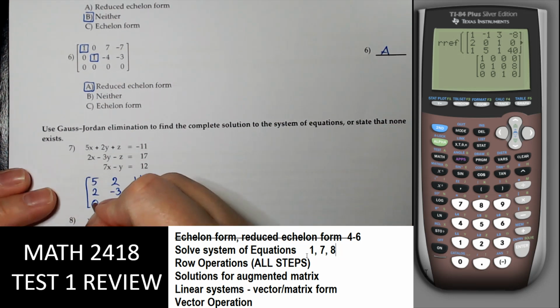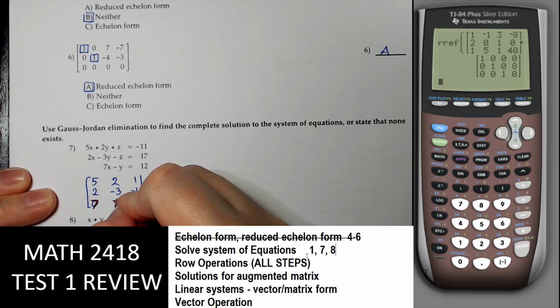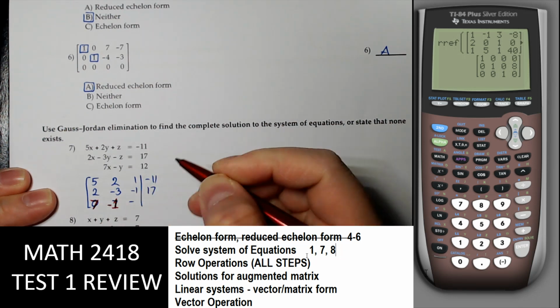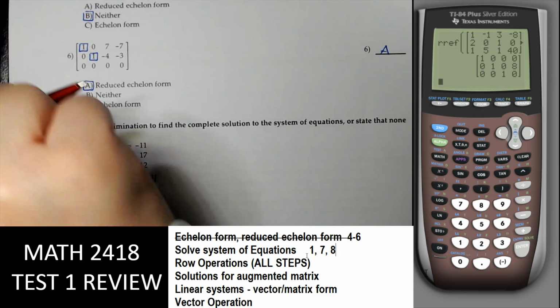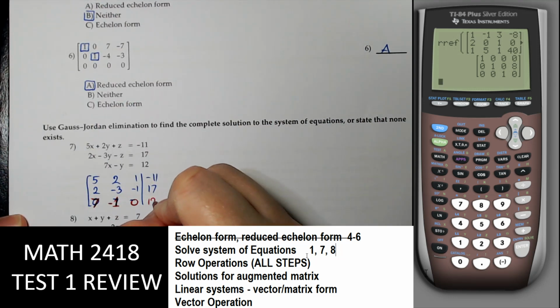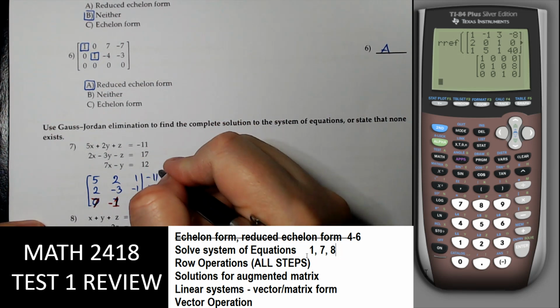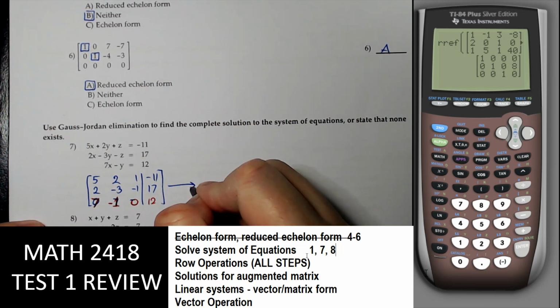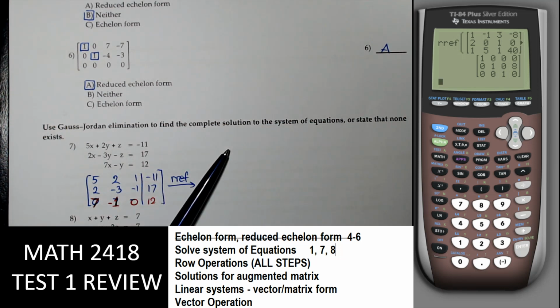The 7 here is for the x, and negative 1 is for y, and there's 0 for z. Right, so 7x minus y equals 12. Yeah, so be careful with that. And then we do the reduced row echelon form.